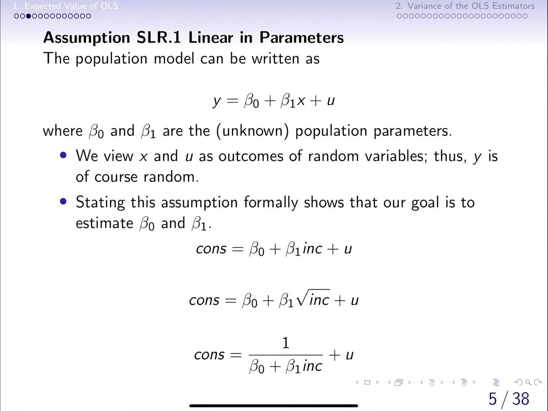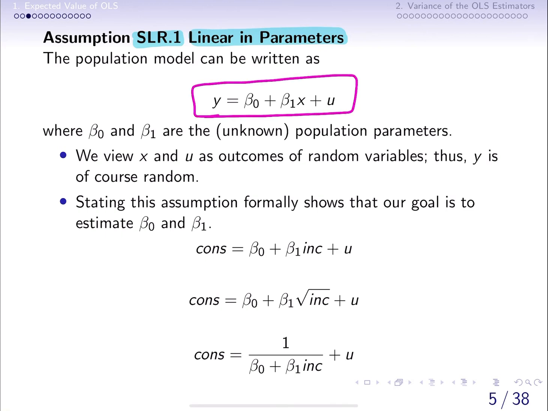Okay, so let's talk about the first assumption. We're just going to name these SLR, which stands for simple linear regression. So the first assumption here is that we need linearity in parameters. Okay. In other words, we are able to write out this simple linear regression model that we've been writing out all throughout part 1.